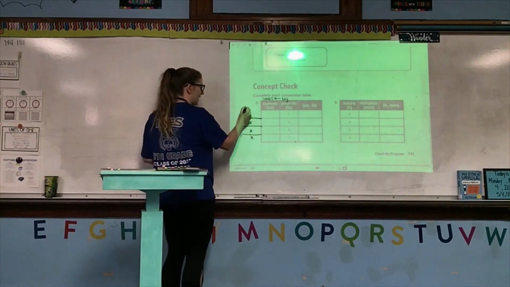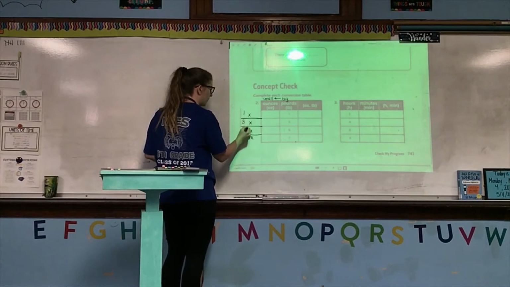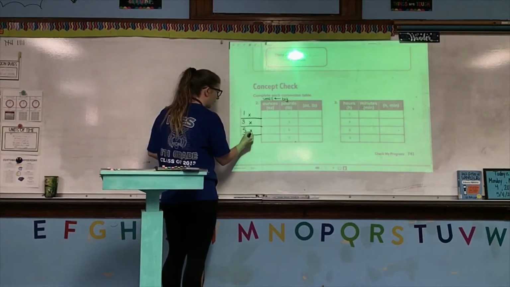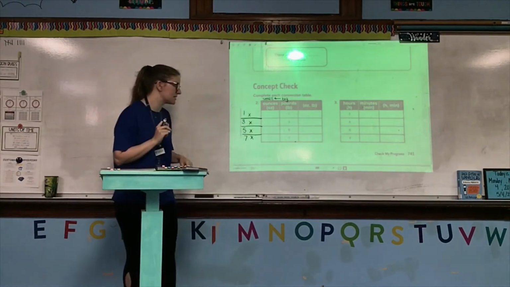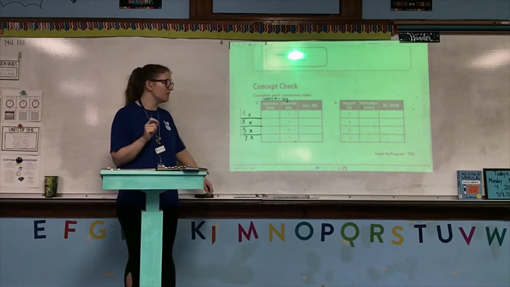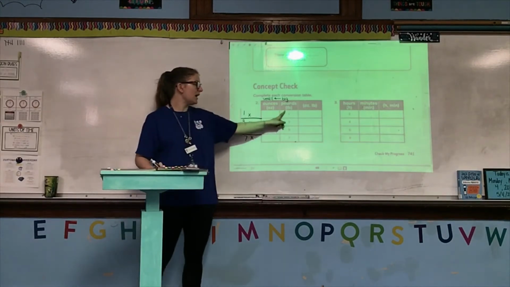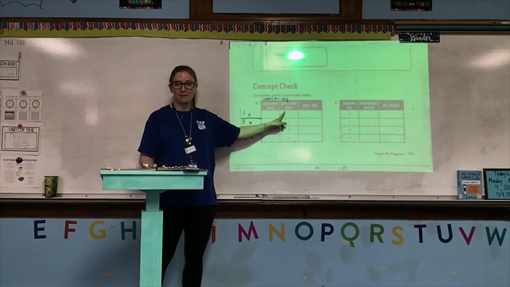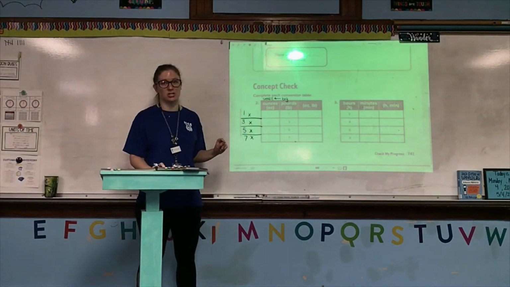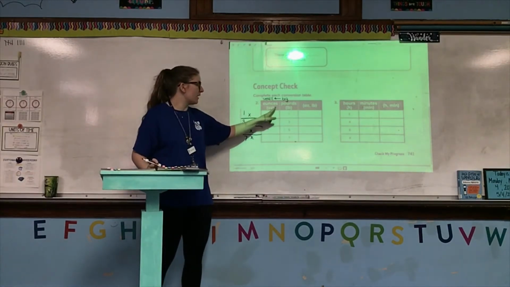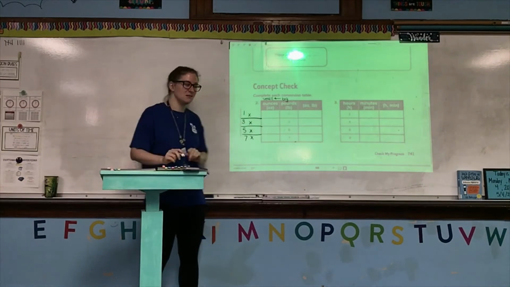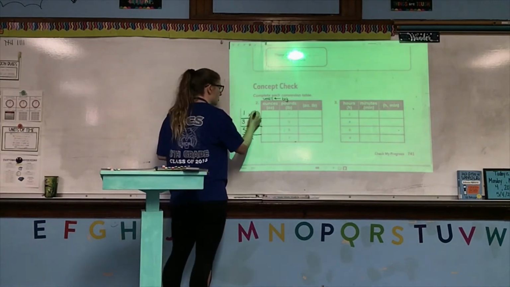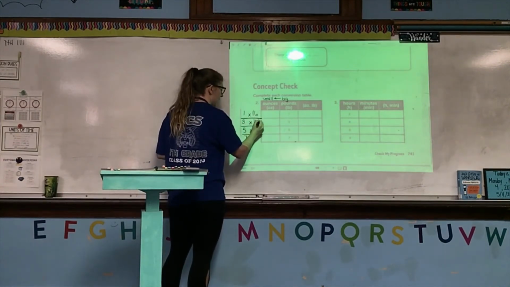So I'm finding the ounces in 1 pound, 3 pounds, 5 pounds, and 7 pounds. Now I need to multiply by something. Well, I'm not going to multiply by the pounds in a pound because that would just be multiplying by 1 each time. I'm going to multiply by the number of ounces in a pound, which I know from my conversion chart is 16.